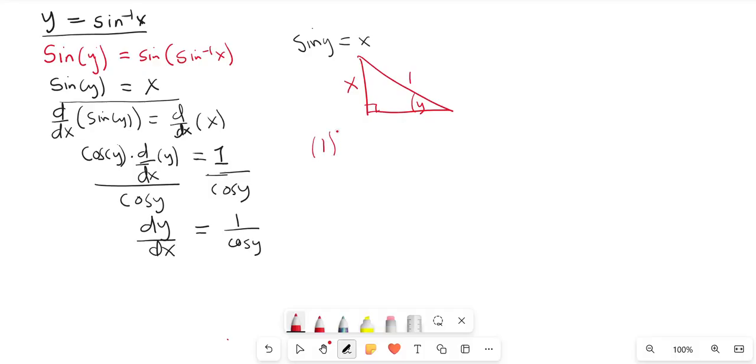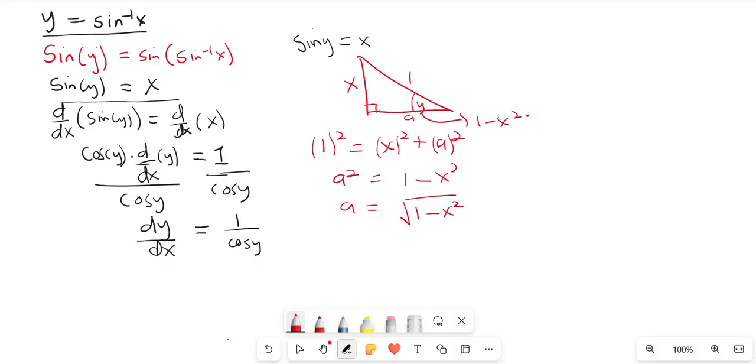The hypotenuse squared should be equal to the sum of squares of the other two sides, so a squared should be equal to 1 minus x squared. Taking the square root on both sides, a is equal to the square root of 1 minus x squared.